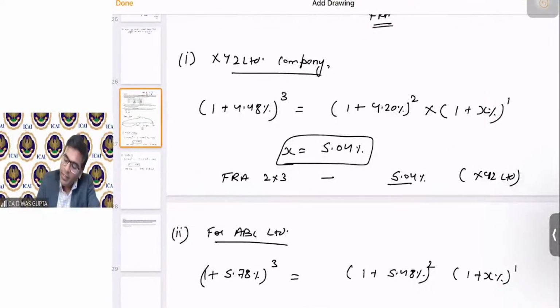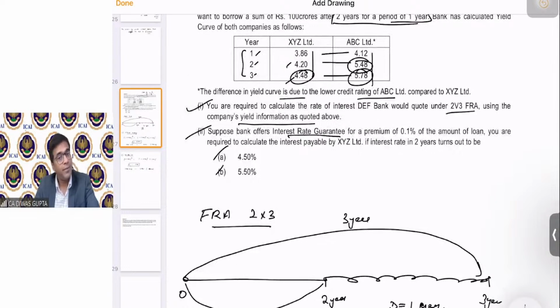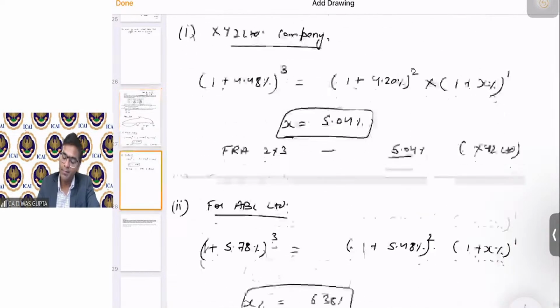Just now we have calculated, students. It will offer an interest rate guarantee at 5.04 percentage, correct? And it will charge a premium of how much? 0.1%. Okay, which is fine. You are required to calculate the interest payable by XYZ Limited if the interest rate turns higher or lower. Simple.